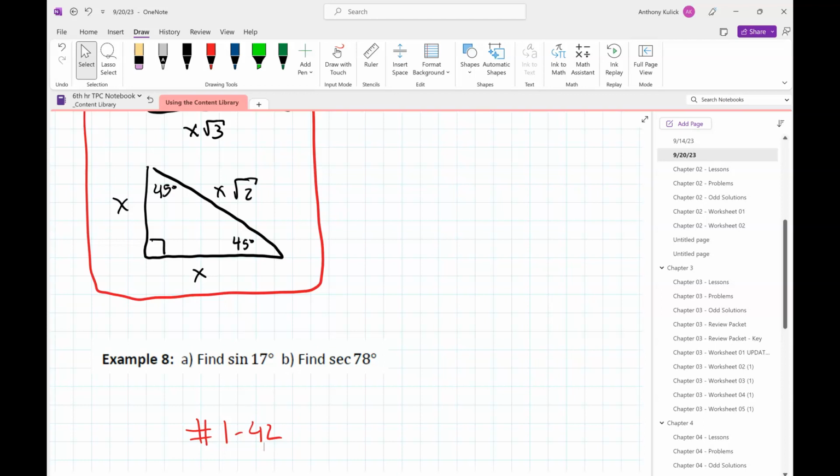Use the calculator to do like sine 22. Woo! That's a tough one. So I would say half of this problem set is just typing one line into my calculator, pressing enter, writing down a number, and just boom, boom, boom.